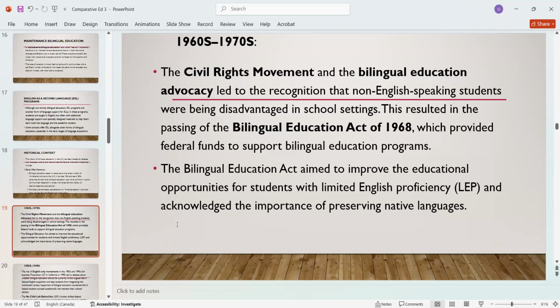So that's why they imposed the Bilingual Education Act of 1968, which provided federal funds to support bilingual education programs. The Act aimed to improve the educational opportunities for students with limited English proficiency and acknowledged the importance of preserving native languages, right?